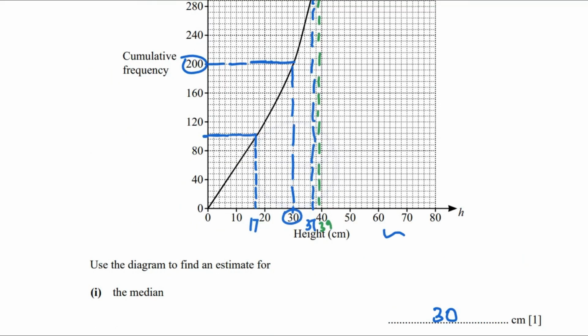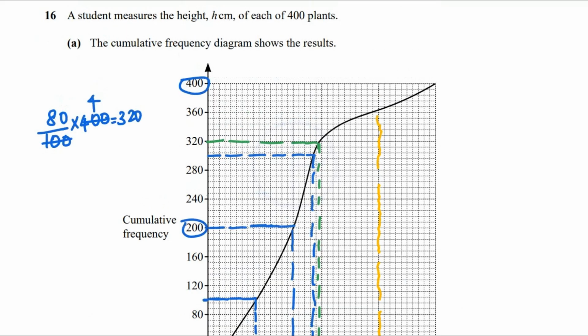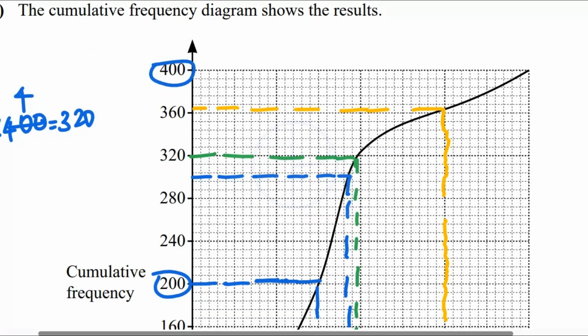Height greater than 60 centimeter is from here. It comes above 360. 400 minus 360 is 40.